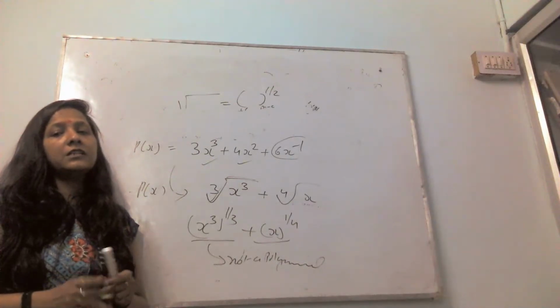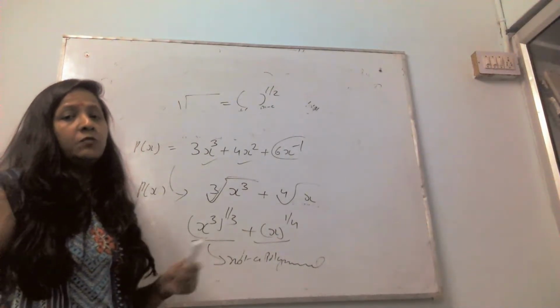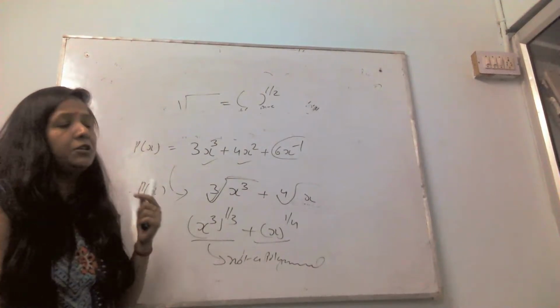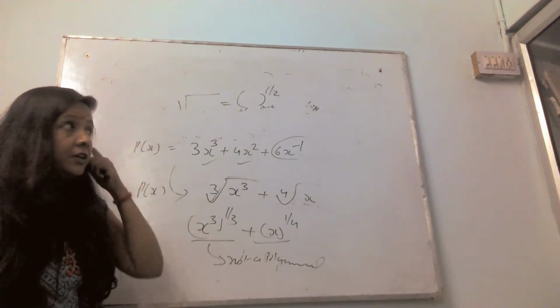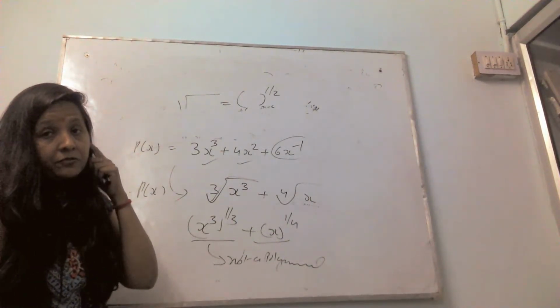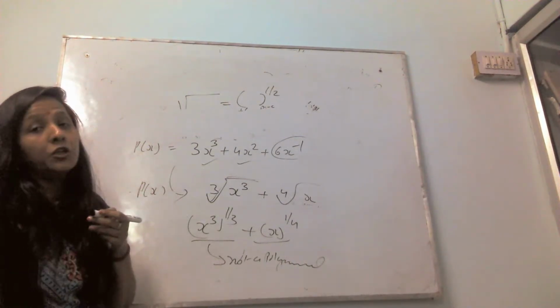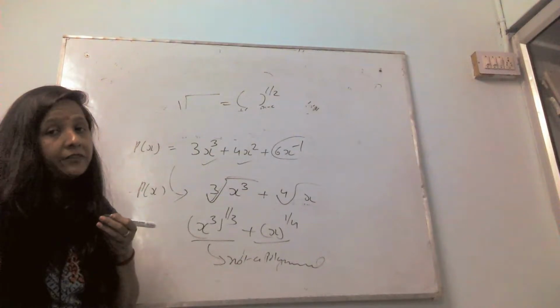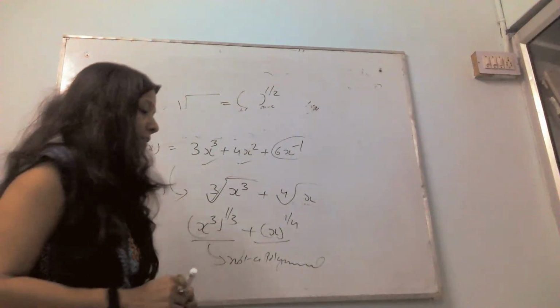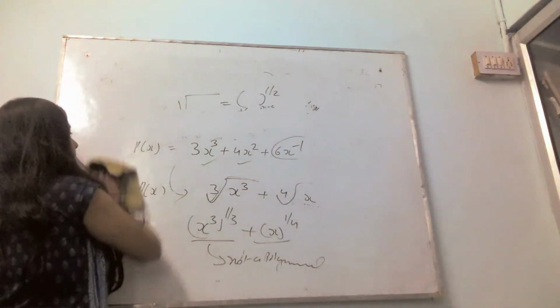Hope you understand the concept. What is a polynomial? A polynomial is an expression where there are constant terms and variables having power not in fraction, but a non-negative integer. That is called a polynomial.